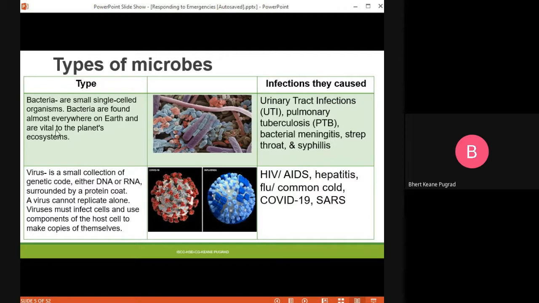One of their functions is that they help in the decomposition of rotting plants and dead animals. That's why they are very vital to the planet's environment.